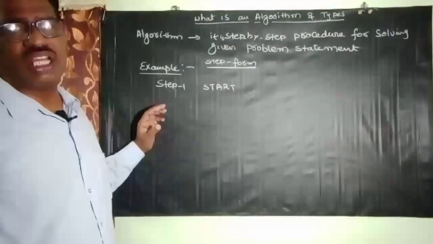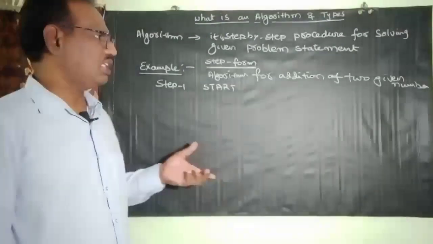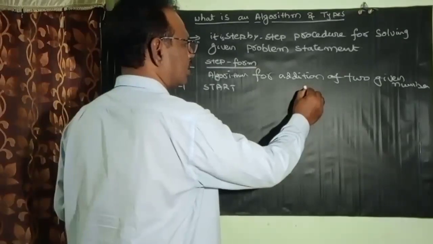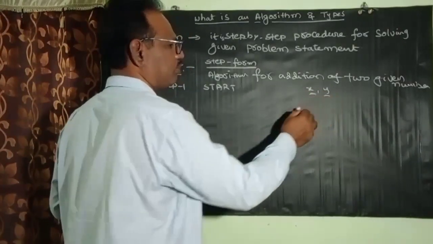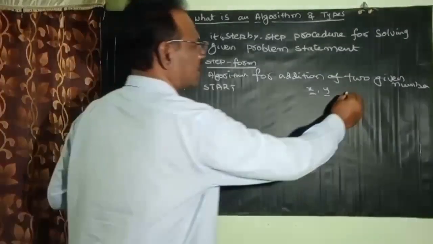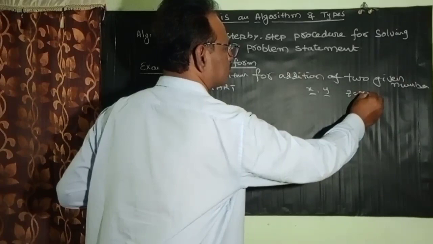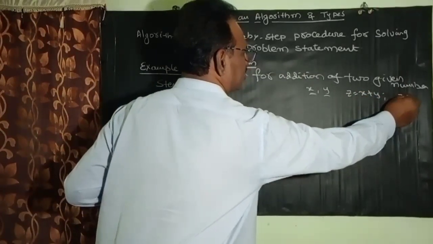Here I am going to write the algorithm for addition of two numbers. Suppose the user is given two values x, y. For this x and y we are going to take input from the user, and we are going to calculate z equal to x plus y, and this particular z value we are going to print. This is the output.